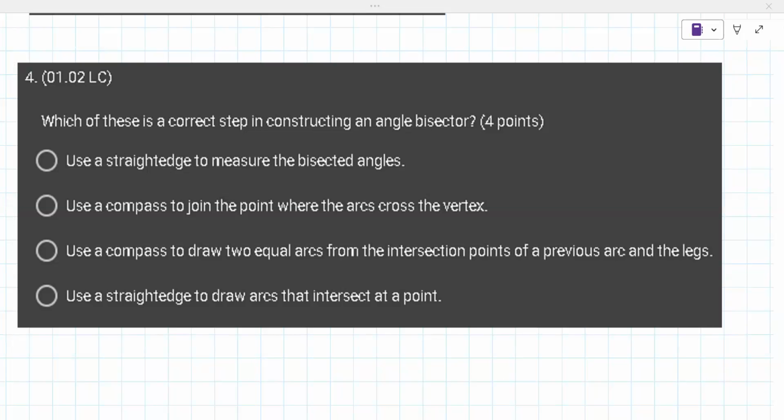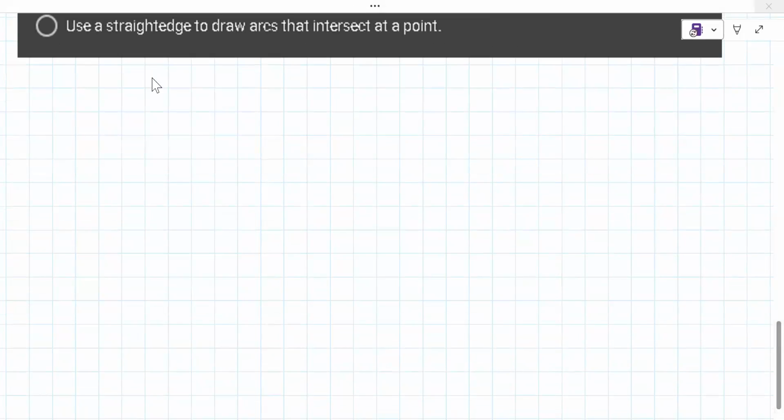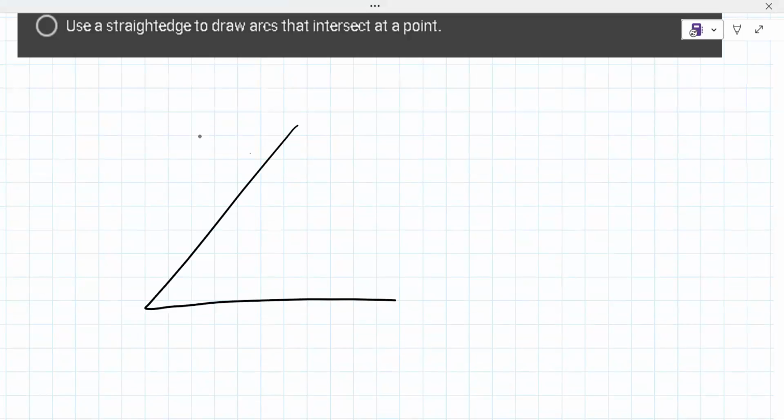So here's how we construct an angle bisector. I'm going to draw an angle bisector here, and you're going to maybe see which one is correct.